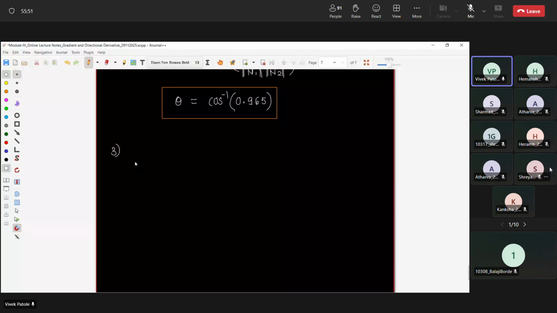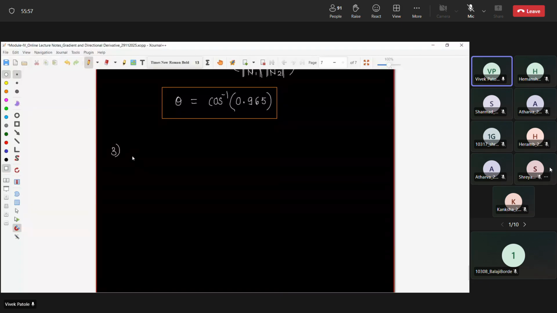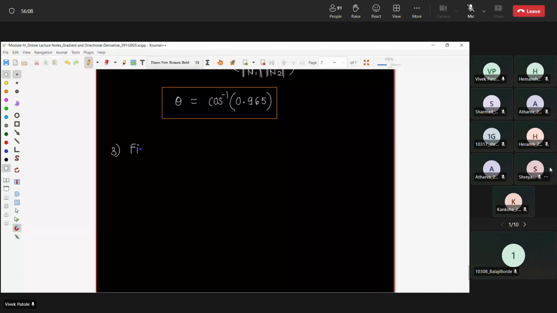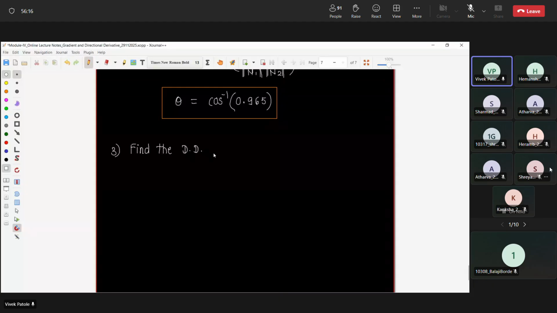In this one example, I will consider more directions so that it will be easy for us not to refer to the question again and again. So take the example: find the directional derivative of phi equal to xy square plus yz cube at (1, -1, 1).